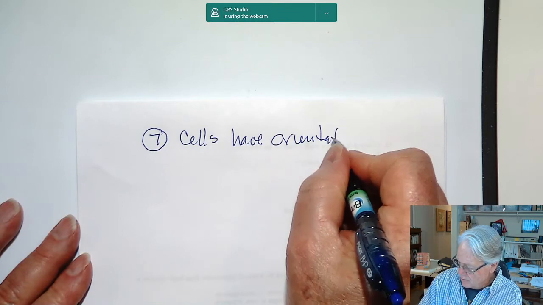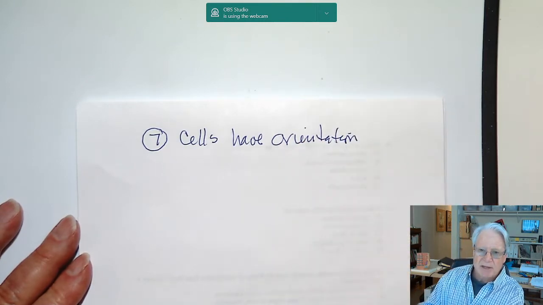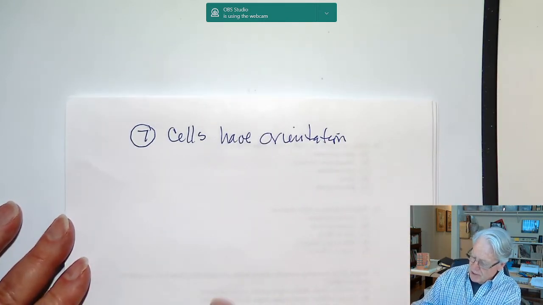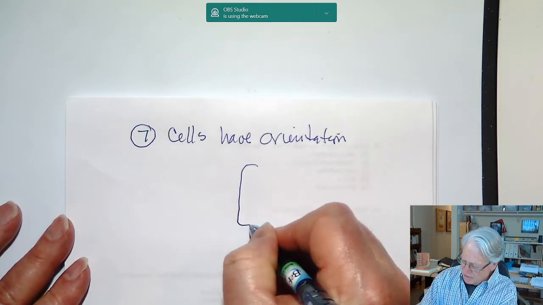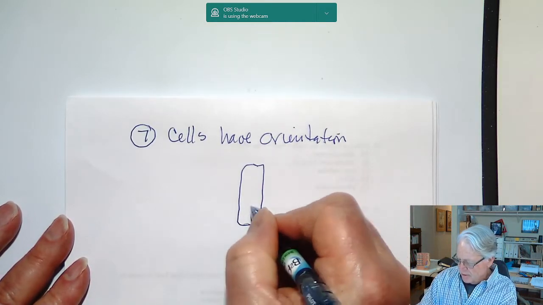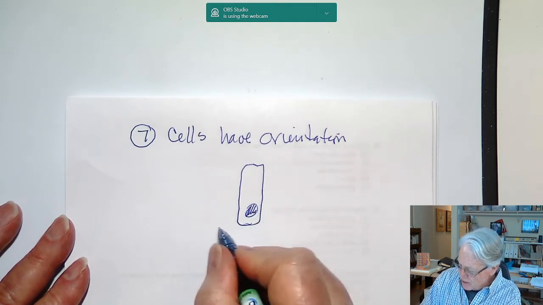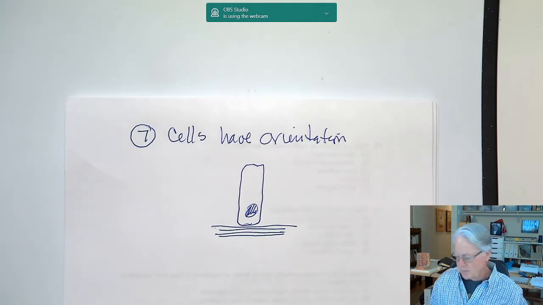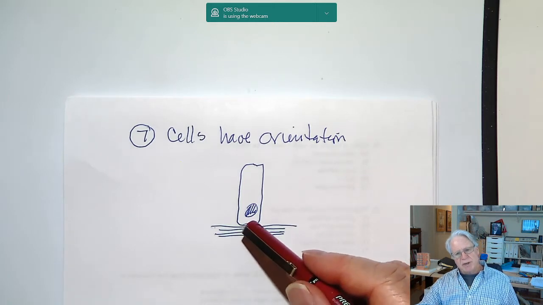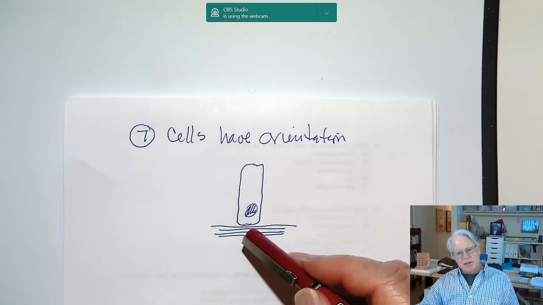Let me explain what that means by way of a very simple diagram. I'm going to draw one single epithelial cell, and there it is in all its glory. And remember, we have this basement membrane, always the basement membrane. Because this sits on a basement membrane, it has orientation.